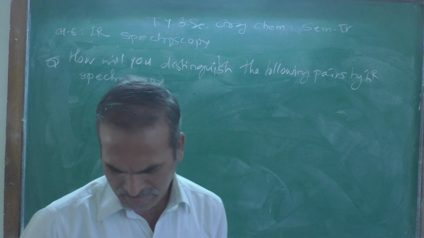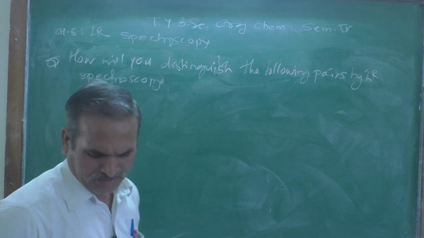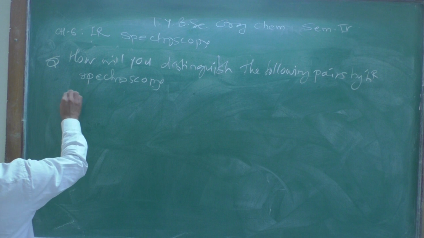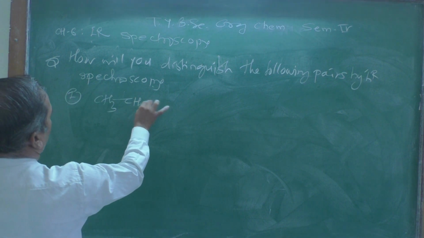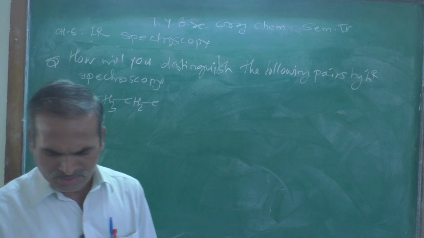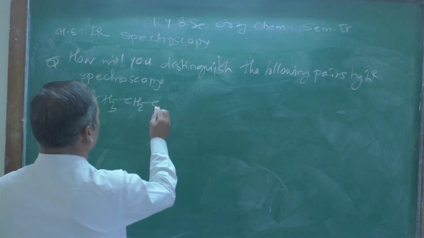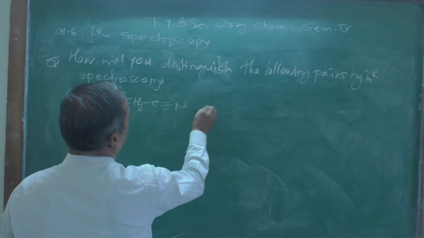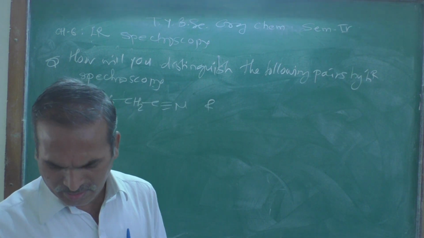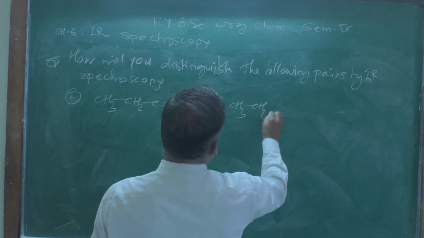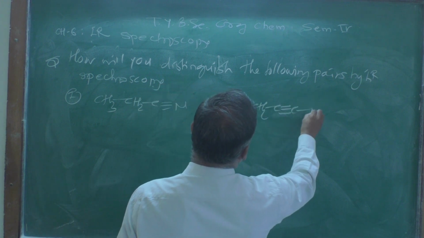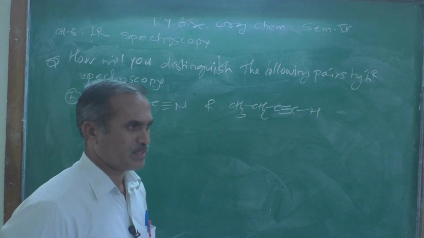So here, see, the pairs are given like this. Number 1: CH3CH2C triple bond N, and another one, CH3CH2C triple bond C-H. That is, a pair is given.